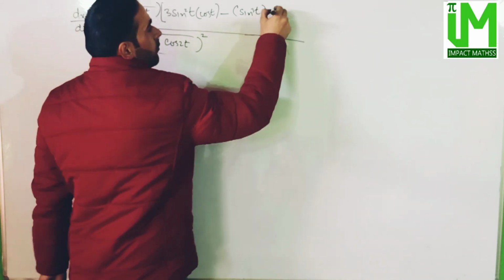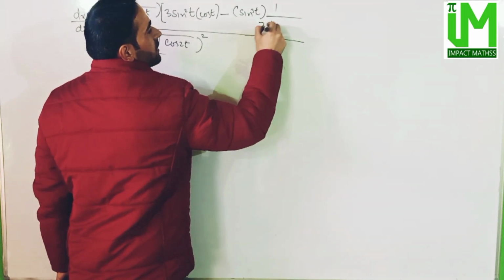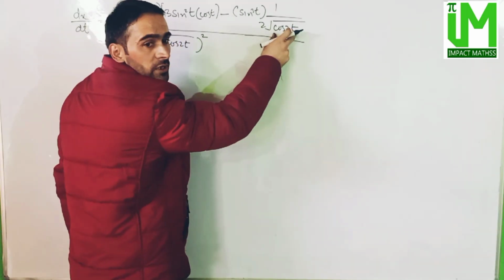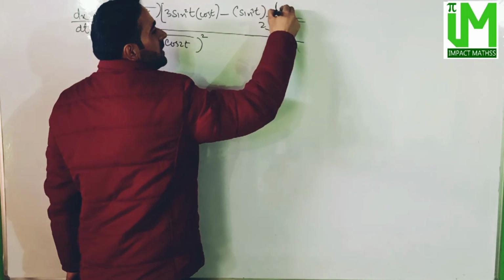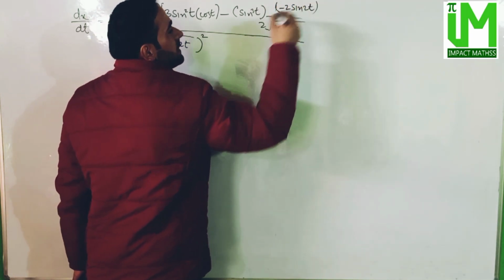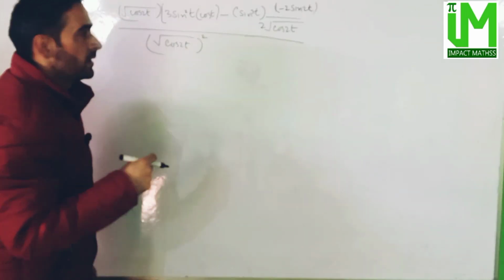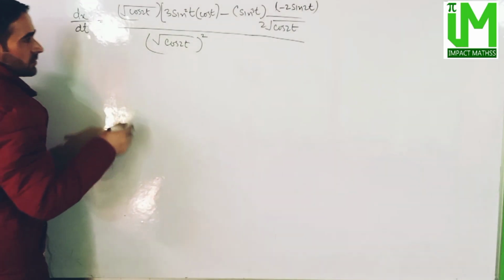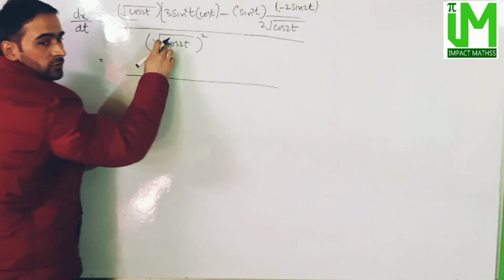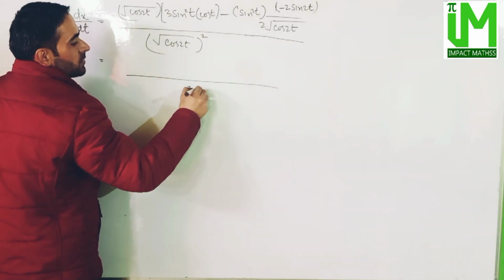What will be that? 1 divided by twice under root of cos of 2t into cos 2t as internal differentiation, that will be minus twice sin of 2t. समझ आया वहाँ? ठीक है, so this will be equal to, so square root it cancels, so it will be cos of 2t.